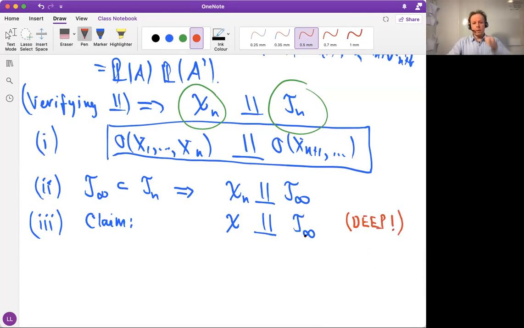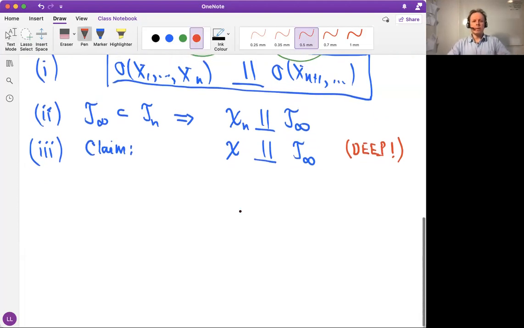It's deep because imagine this is all the information that we can collect from the random sequence, where we are allowed to omit any finite number of observations. And the claim is that what is eventually in the tail is independent of every element, every event in the sequence. That's really the hard and deep part.